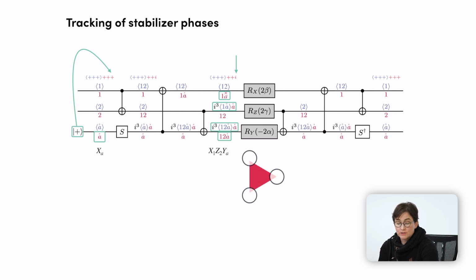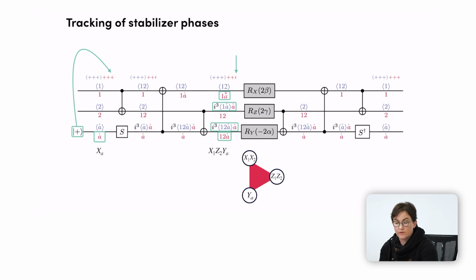And if we like to, we can also find which logical meanings this X1, Z2, and YA have. This is just the original meaning of the flow labels, and then we get this nice stabilizer over here.